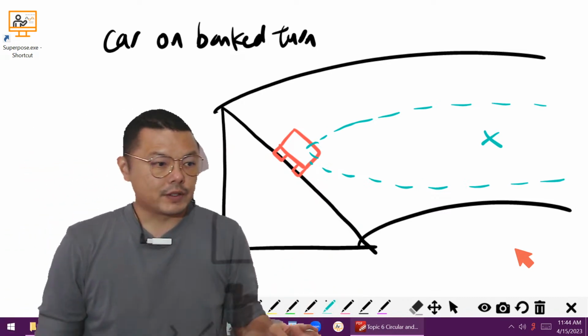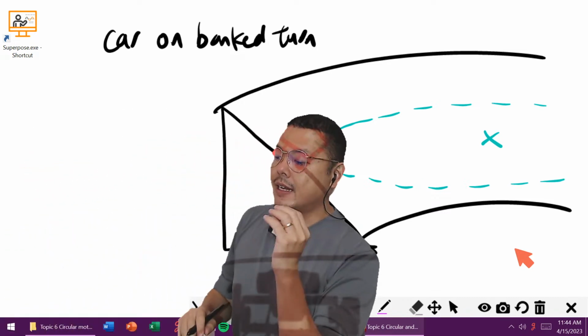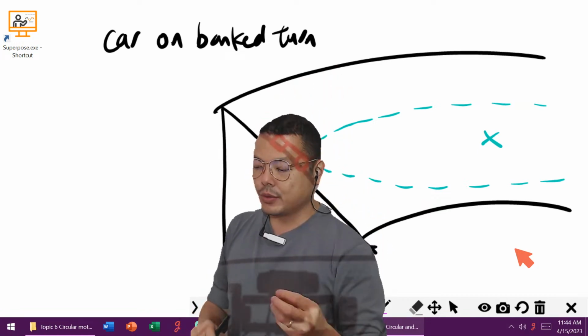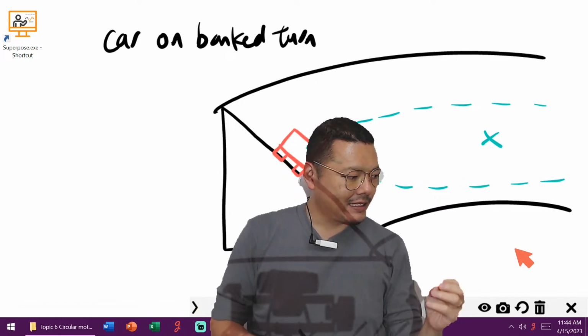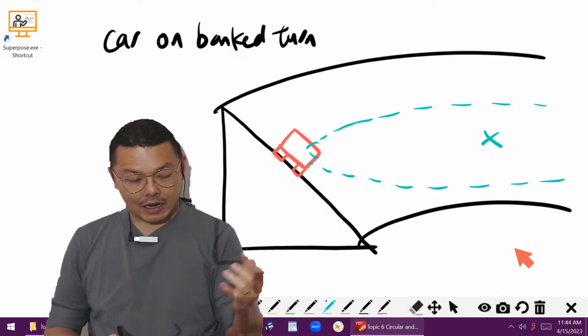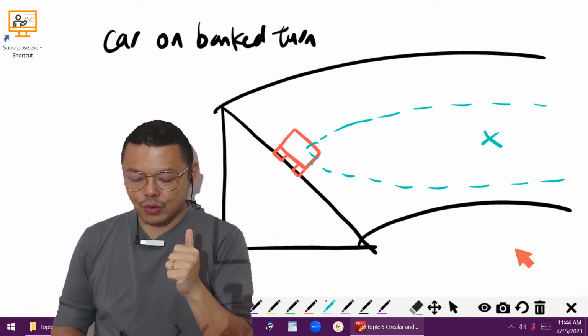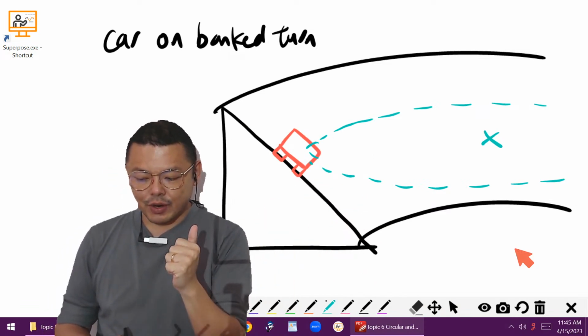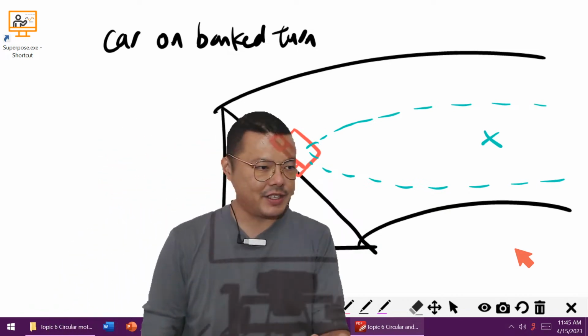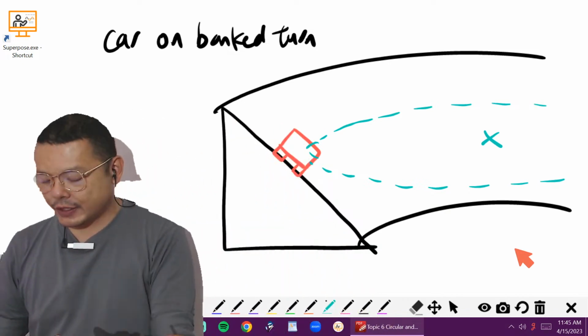Now we're going to draw forces acting on the car. Here's the thing: when you're doing a car on a bank turn, you always have to remember that the reason why some tracks are on a bank turn like this is to reduce the requirement for friction. I know it's a bit strange, but we do not need friction here.